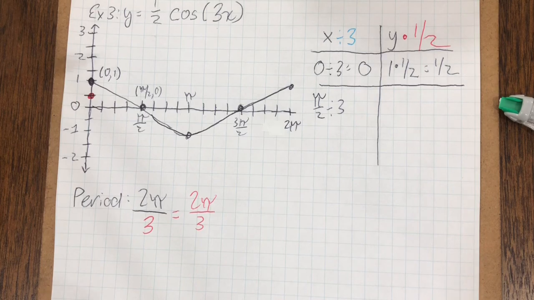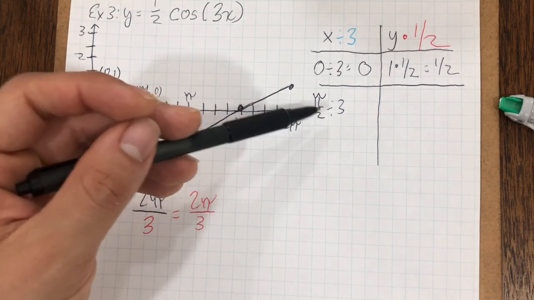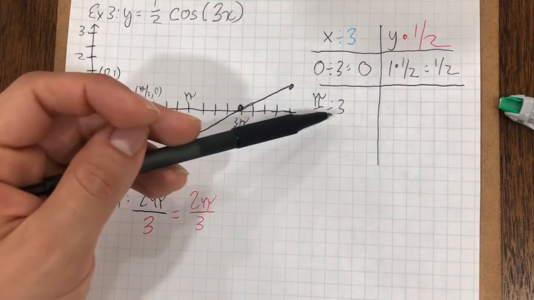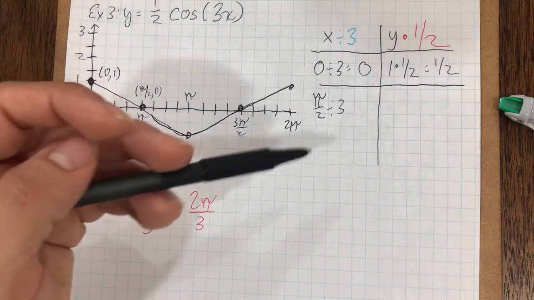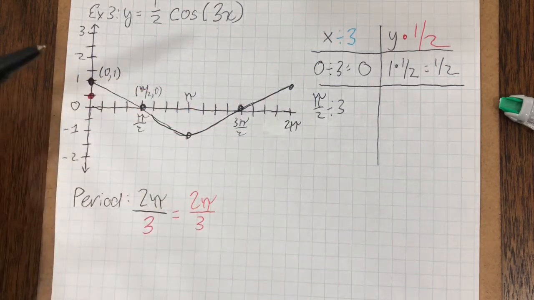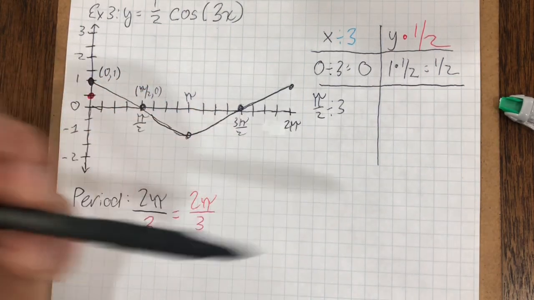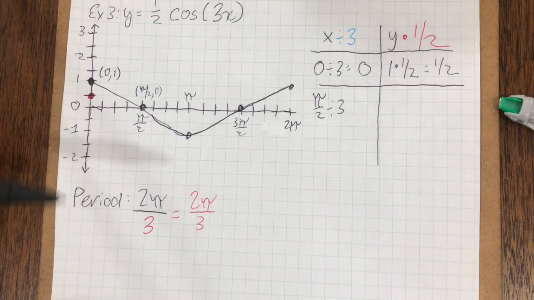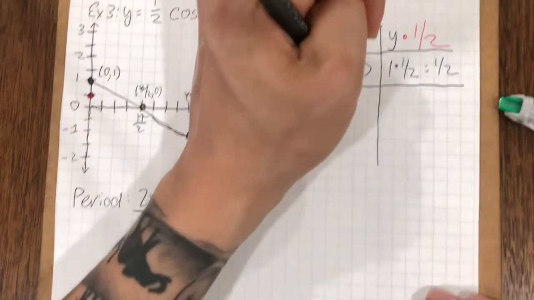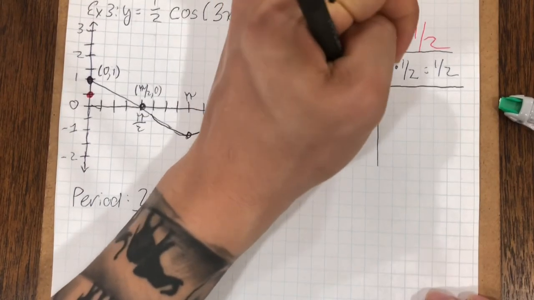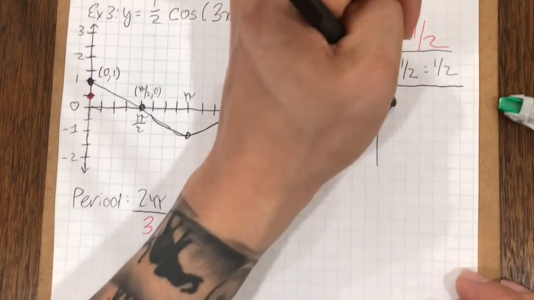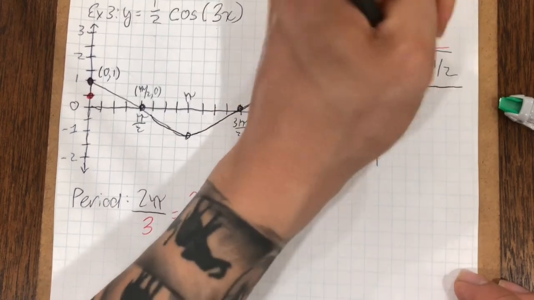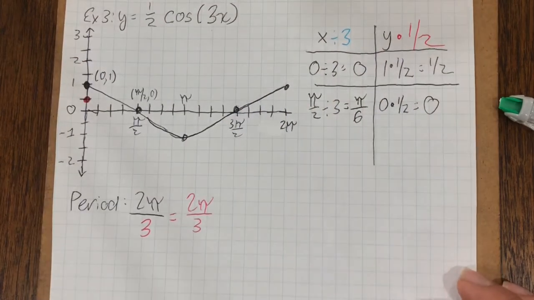So this is where I'm going to have to do the keep, change, flip technique. I leave this as a fraction, I change it to a multiplication, and I flip this number as a fraction. So this 3 is going to become a 1/3. So now this is going to be pi over 2 multiplied by 1/3. And that gives me pi over 6. All right, and then we have 0. And if I were to multiply that by a half, I still end up with 0.